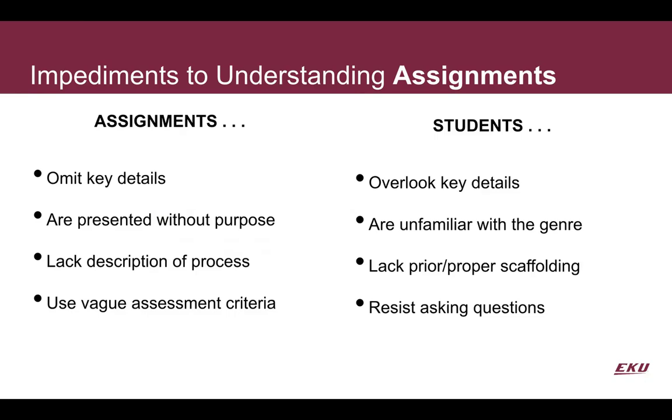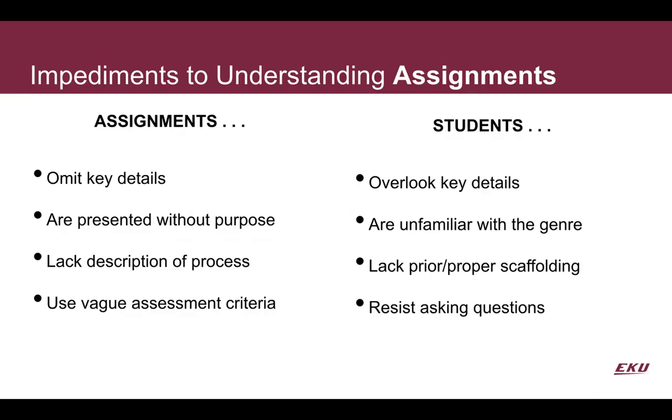So if you look at the assignment part, you could see we outlined certain impediments there. If the assignment omits the key details, then on the student part, you see that the students will overlook those key details. If the assignments are presented without a purpose, then the students will be unfamiliar with the genre.